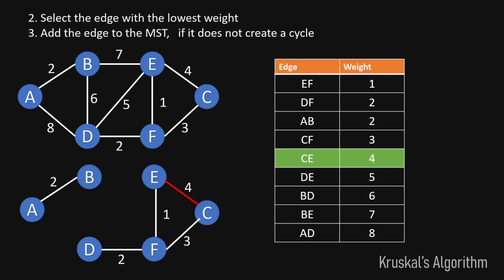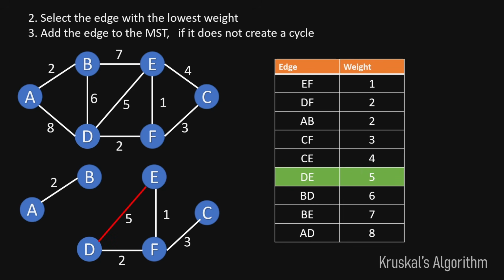And we don't want any cycles, so we will drop CE. We're going to the next edge, DE. And this would also create a cycle with the vertices D, E, and F. So we are also going to drop this edge and never include it in the minimum spanning tree.